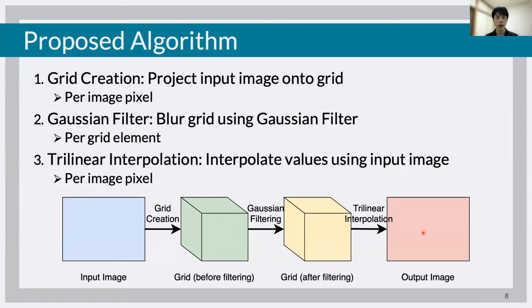On the other hand, grid creation and trilinear interpolation is performed per input image pixel, while the Gaussian filter is done per grid element. The difference of the number of executions and the complex data dependencies make pipelining a challenging task. Then, how can we pipeline these steps well?